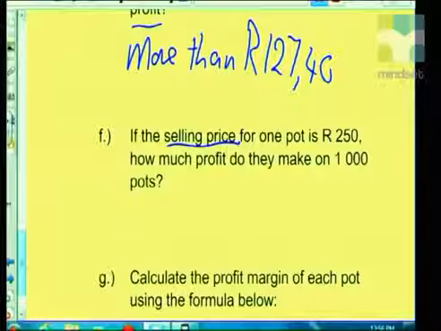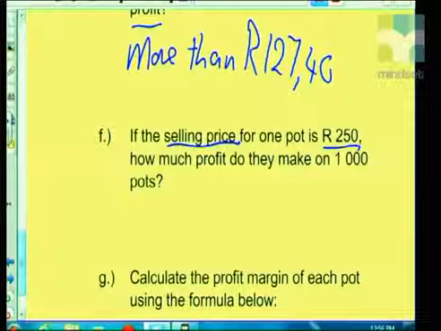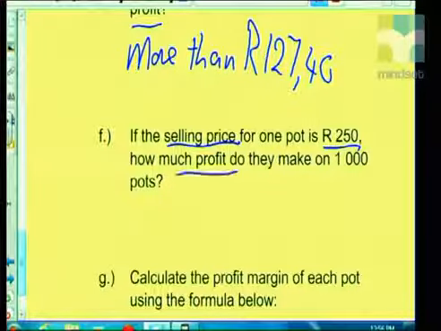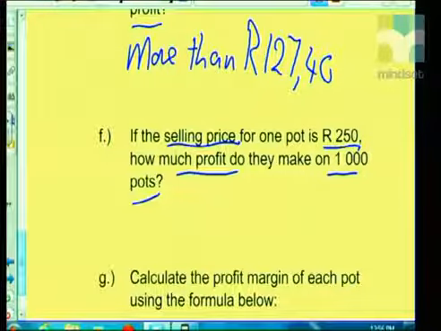There's no profit. So if the selling price for one pot is 250 Rand, okay, selling price, how much profit do they make on 1,000 pots? Well, guys, it's not a difficult question. Let's work out the profit on one pot first of all.